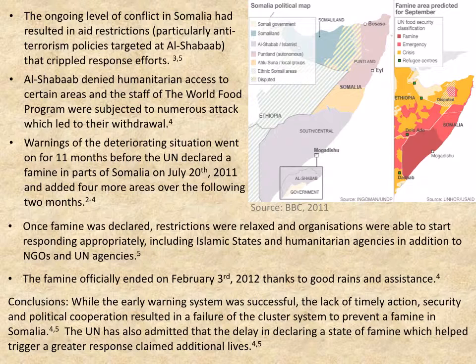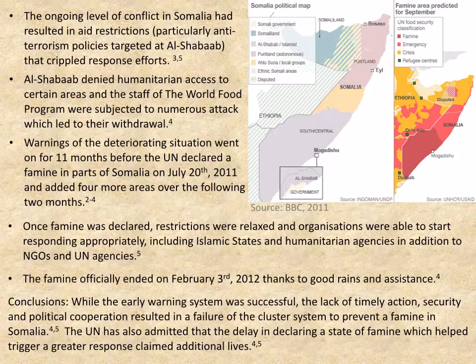earlier. And actually, when famine was declared in those areas, a lot of the different factors that they look at in terms of declaring famine, those thresholds had actually been breached. So malnutrition was far more prevalent.